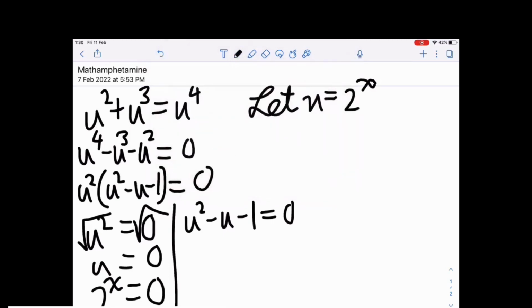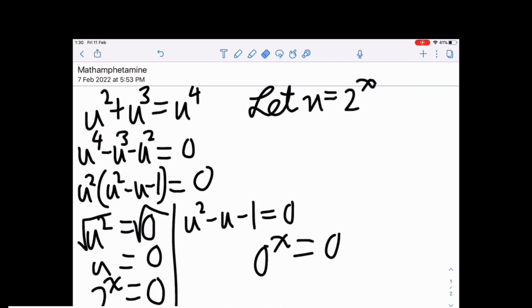But we know that 2 to the power of x cannot be 0. Even 1 to the power of x cannot be 0, right? And also 0 to the power of x equal to 0: we know that x can be any number except 0. x to the power of 1 is 0, x to the power of 2 is 0, 3 is 0, so x can take infinite values.